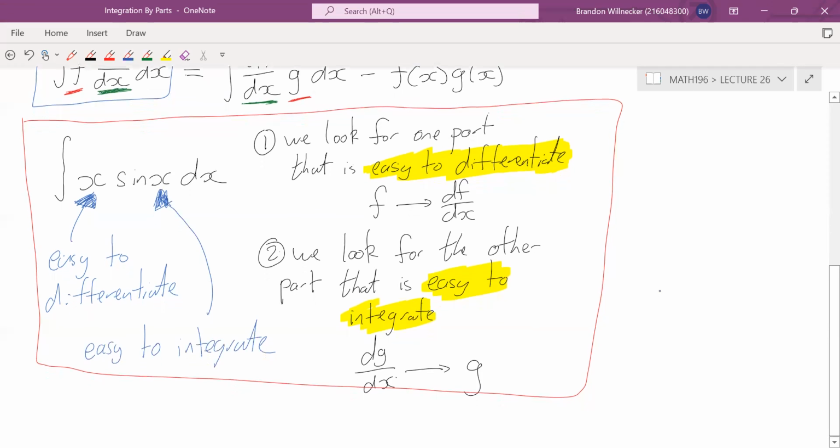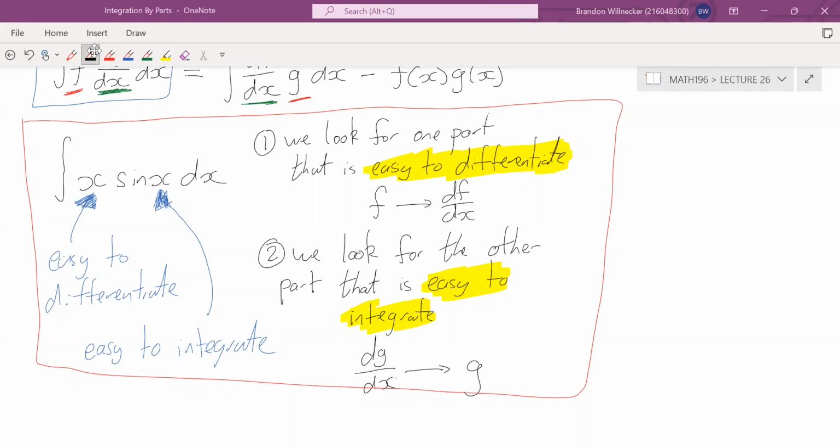Is there anyone that doesn't see what I did there? Why did I choose x and why I chose sine x? Is everyone okay with that? Okay, everyone's cool with that.